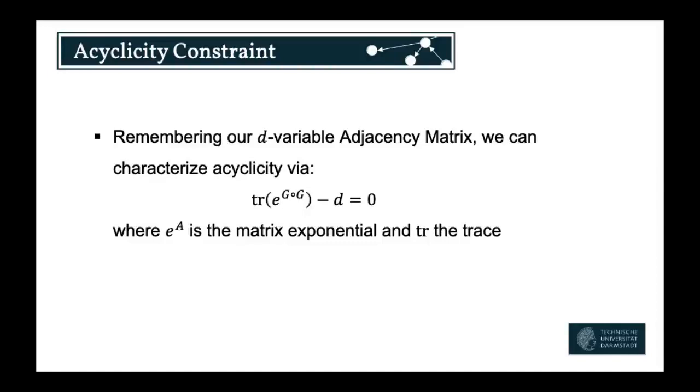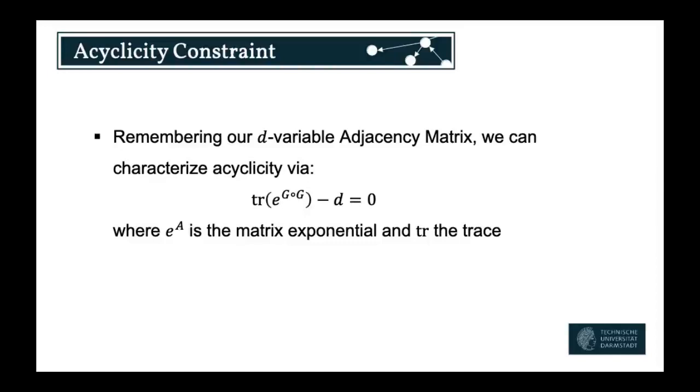Taking the sum over the diagonal. And here the circle is just multiplication, the Hadamard product, we call it. You're just multiplying two matrices element-wise. And if this thing is 0, then you are acyclic. That's very cool, because essentially this matrix exponential can quantify whether and how many cycles you found along any path, because it's a series.